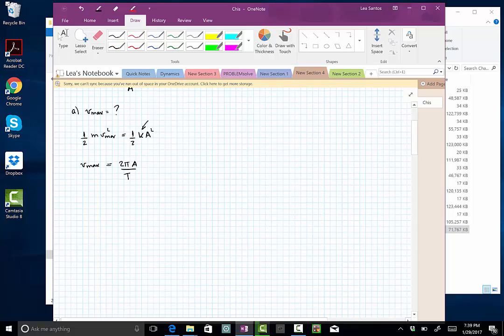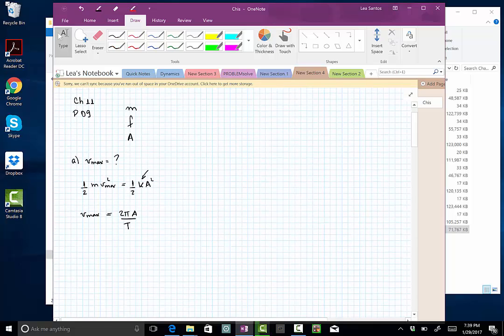This is a better one because we do have the amplitude and we do have the period, because we have the frequency. I can have 2 pi frequency. So this is the equation that you can use to find the maximum velocity, the velocity when it passes the equilibrium point.